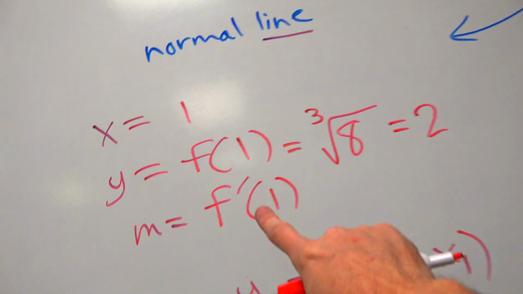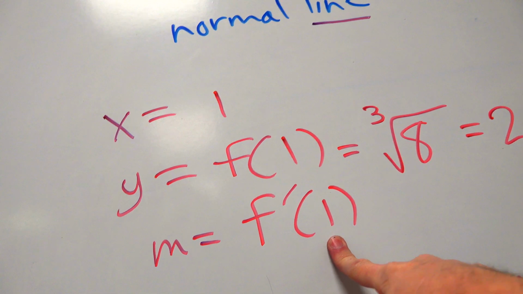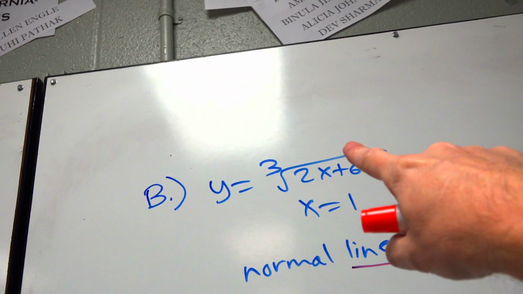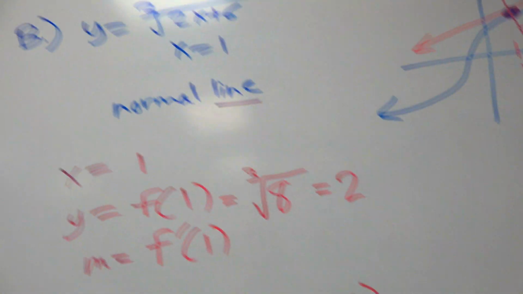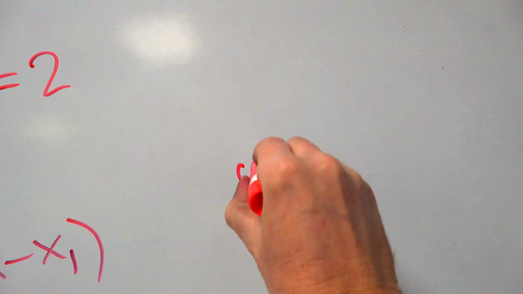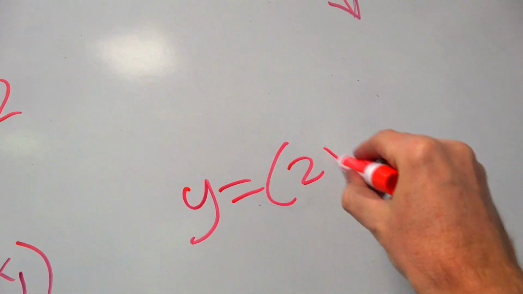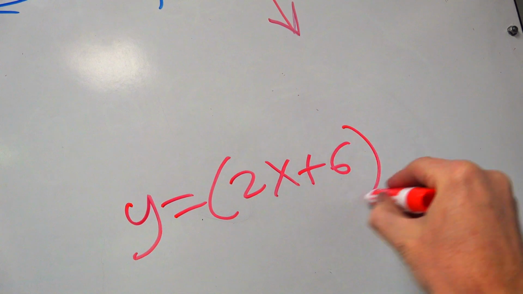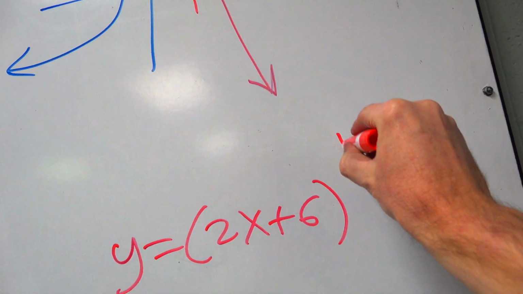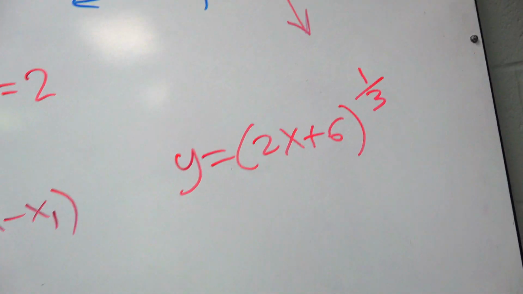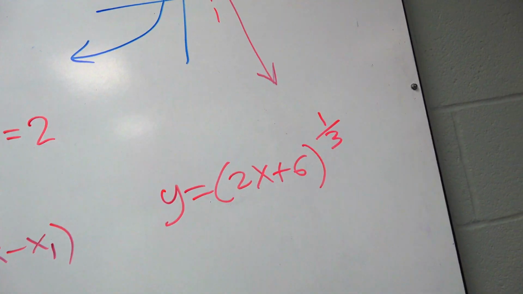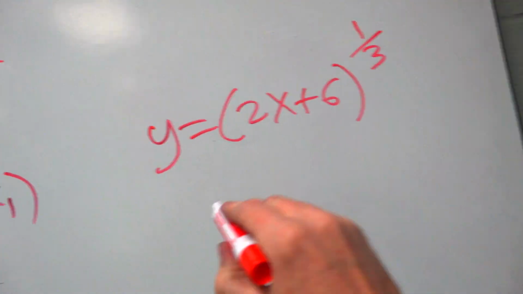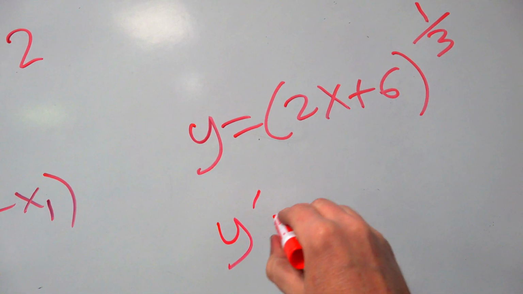Okay, find f prime of 1. Oh, we need a derivative, don't we? All right. Let's rewrite this, since it's not derivative ready yet. Isn't cube root just 1/3 power, as we've frequently mentioned? You want to feel very comfortable with your basic derivatives by now, so that you can do these problems easily.